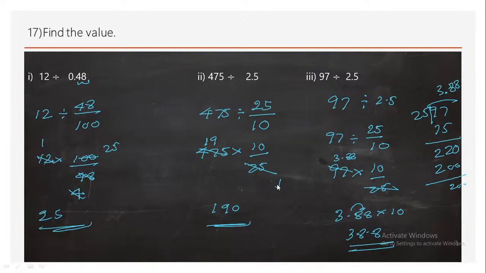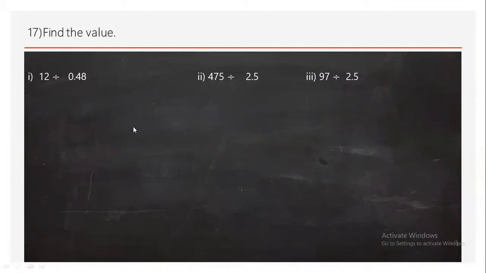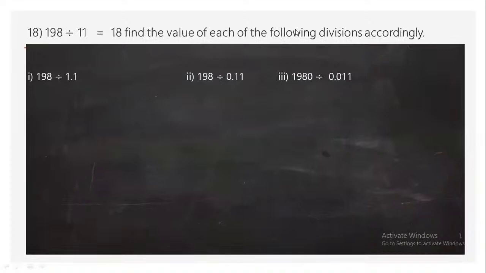Question number 18. They have given 198 divided by 11 equals 18.